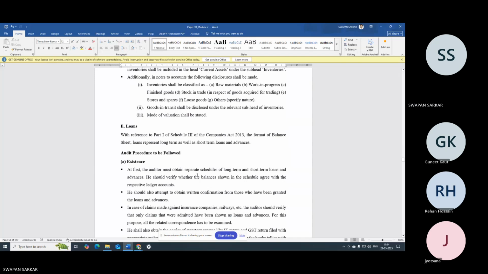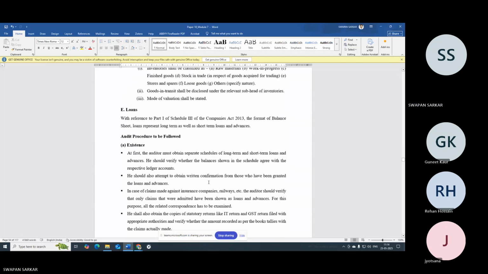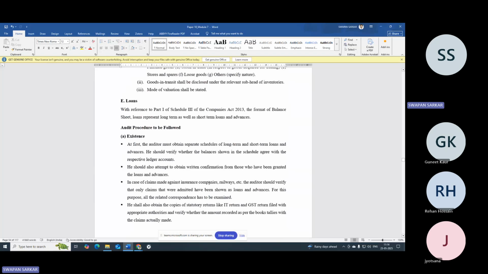Then, coming to the next item, loans. With reference to Part 1 of Schedule 3 of the Companies Act 2013, the format of the balance sheet, loans represent the long-term as well as short-term loans and advances. Audit procedure to be followed, existence.